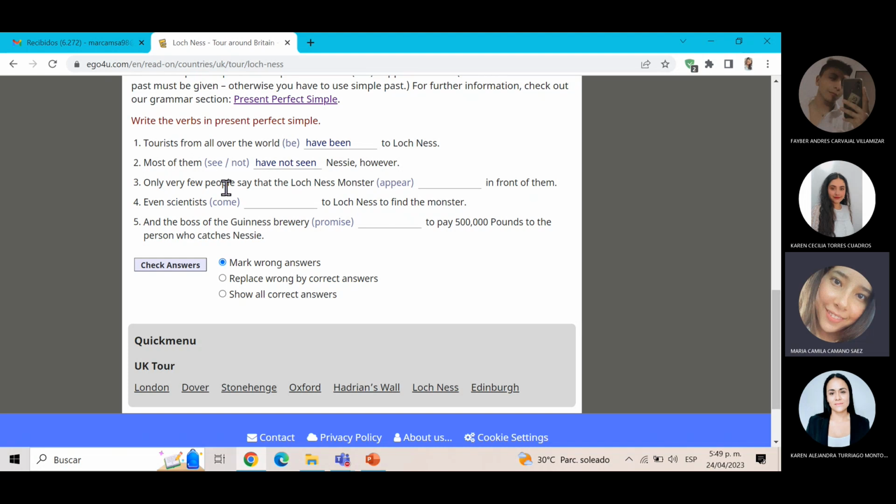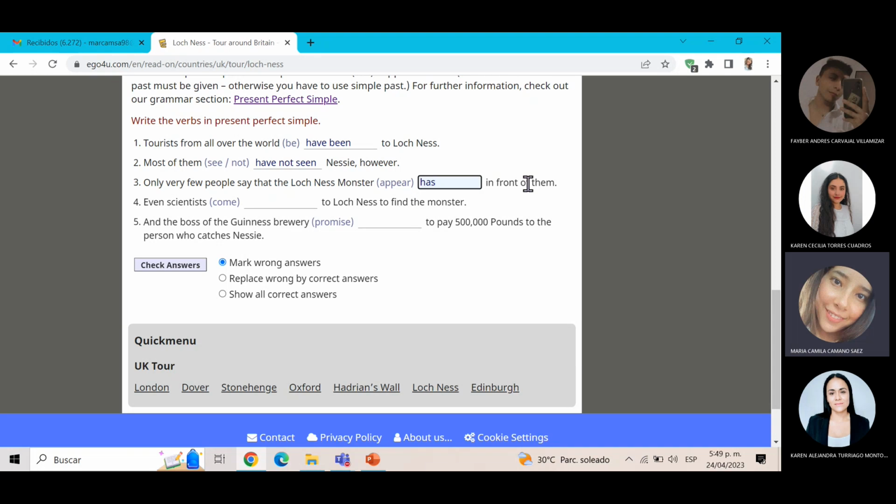Only very few people say that the Loch Ness monster. Okay, what is the auxiliary verb in this case, have or has? Has. Why? Because we talk about the monster.